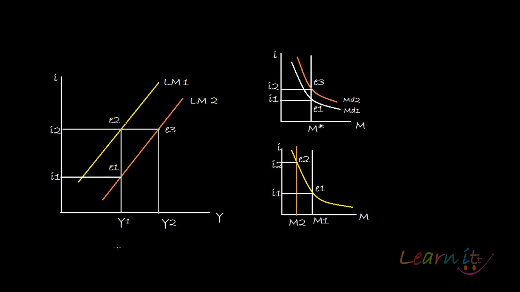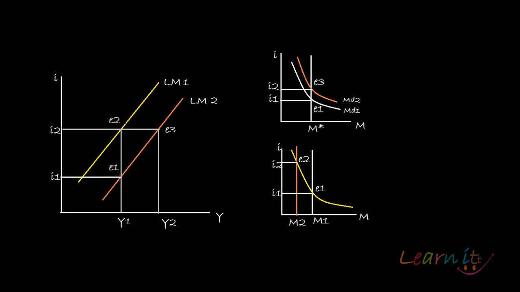So when output has increased, demand for money would also increase from MD1 to MD2, and the moment this demand for money curve shifts upwards from MD1 to MD2, with supply of money being constant, interest rates go up. We've already done why interest rates go up in this scenario in our earlier recordings. So this is the movement along the LM curve, E1 and E3.